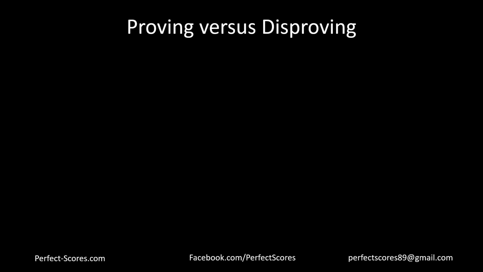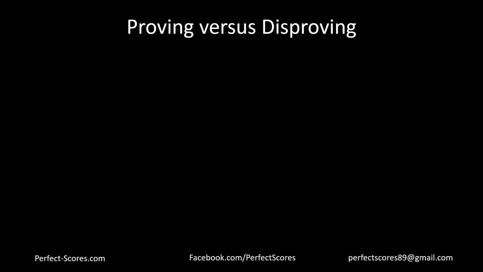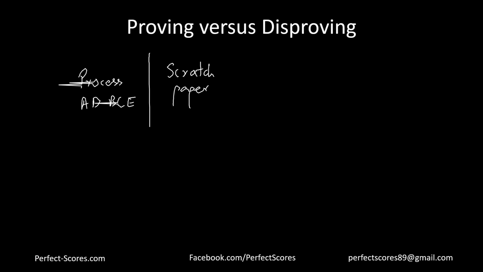Okay, thank you. Let me just take a step back to understand what we did today. To summarize, we first started with the process to solve data sufficiency problems, which is the ADBCE approach. This is the consistent process with which you're supposed to solve the problems. Then we moved on to how to set up your scratch paper work. You should have your scratch paper nice and clean, with boundaries between different statements, very important.